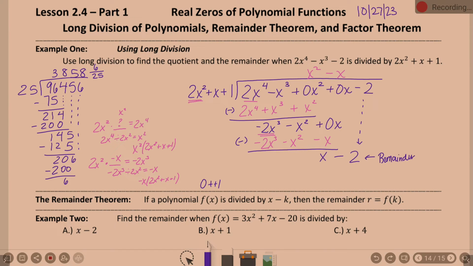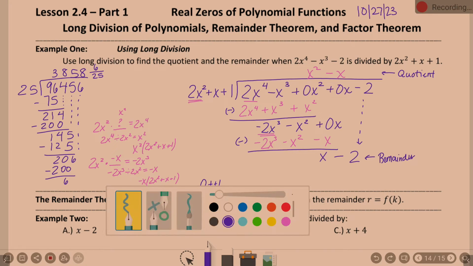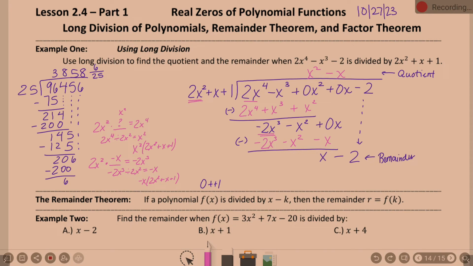X squared minus x is my quotient. Answer to a division problem. Quotient. Okay. Now, more likely, you might be asked quotient and remainder, or when you express this answer, kind of think here where I did my fraction remainder, except you either have to add or subtract that fraction.